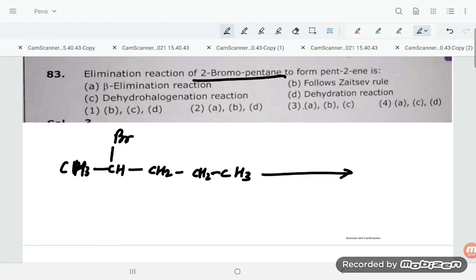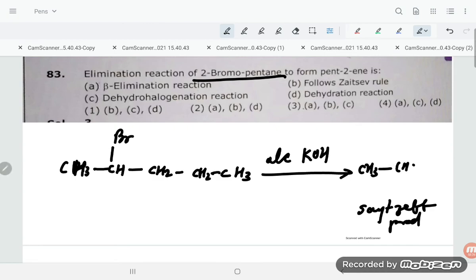Students, if you see this problem, we are taking alcoholic KOH. So this is supposed to give the Saytzeff product. Saytzeff product means it should have more number of alkyl groups. So the product should go CH3, CH double bond CH, then CH2 and CH3. So this is our required product.